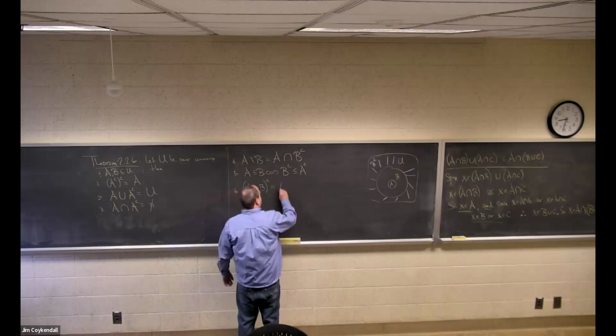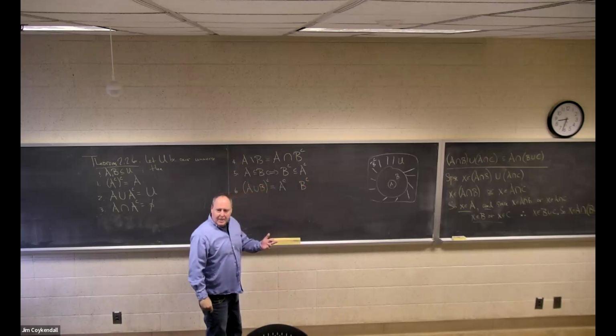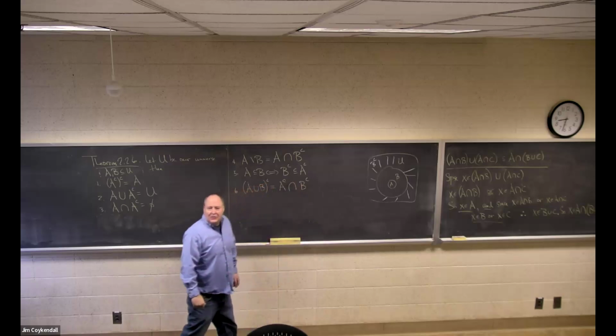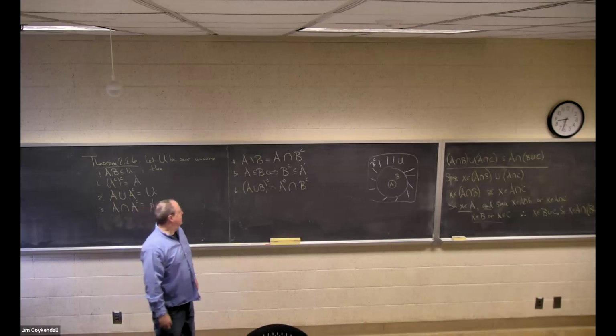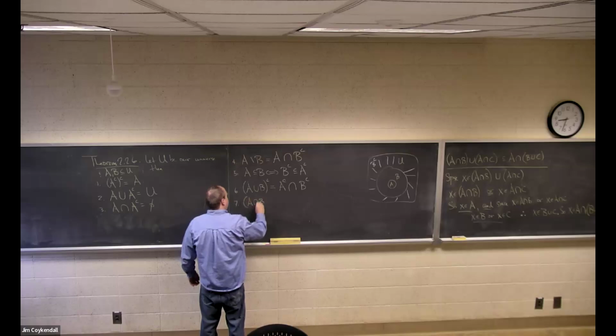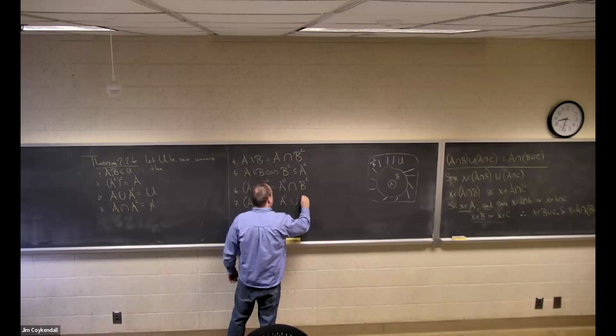You're close. Actually, the fun thing about this is it flips the union upside down. It's the intersection of the complements. Maybe we should prove that one, huh? Seven. A intersect B, complement, is A complement union B complement.